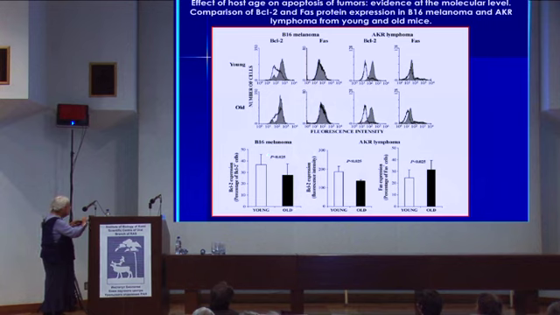In ATR we see the same, but FAS protein is higher in old than in young mice, at least in the ATR lymphoma.